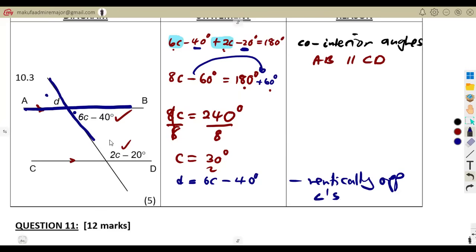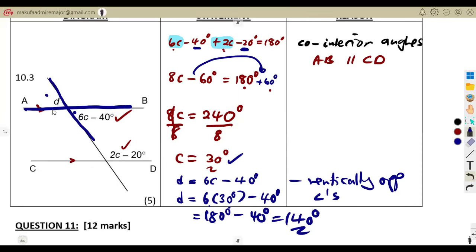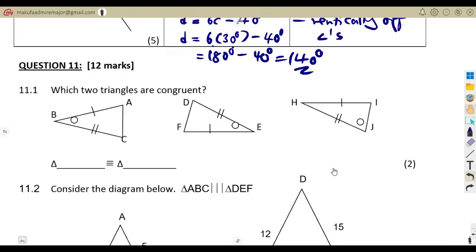So if D is equal to 6C minus 40, and we have the value of C, just substitute the value of C, which is 30 degrees, in place of C. 6 times 30 is 180, and 180 minus 40 is going to give us 140 degrees. So that's the angle D, which is 140 degrees. Also, the whole of this part is the same as 140 degrees. Vertically opposite angles are equal. So we have our angles there.